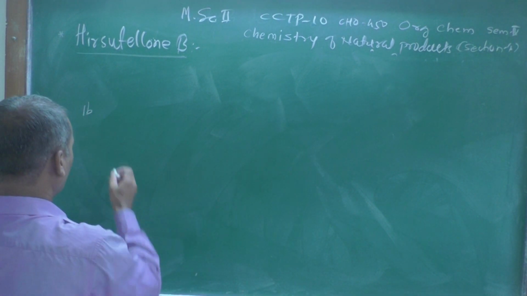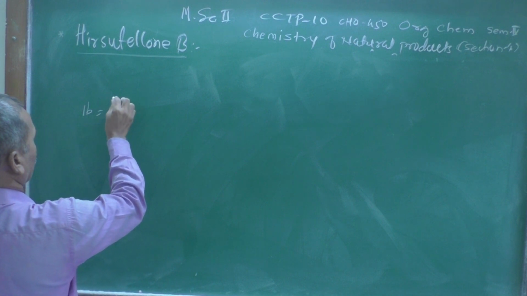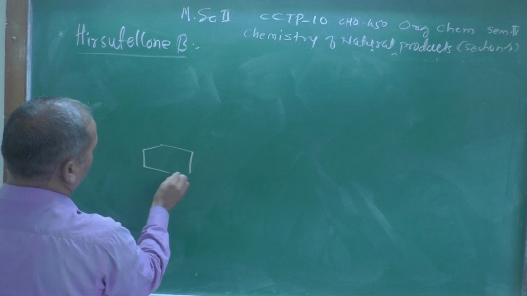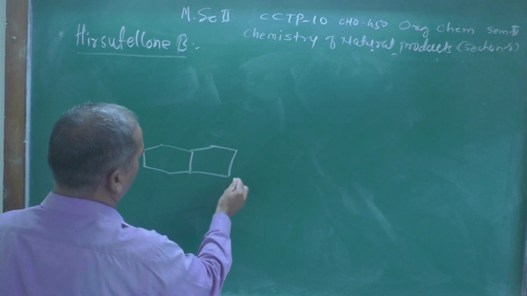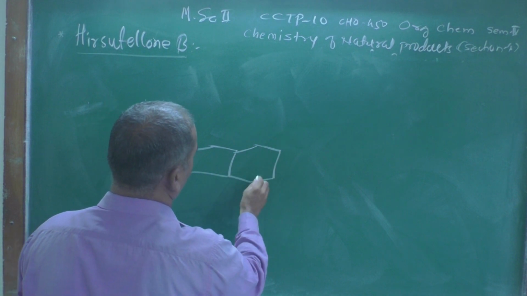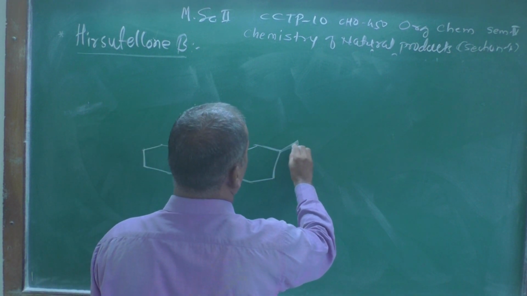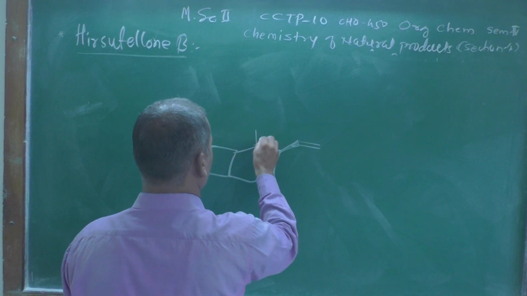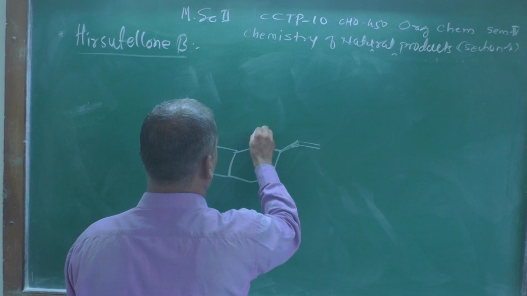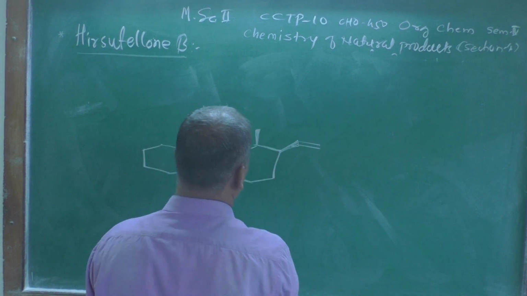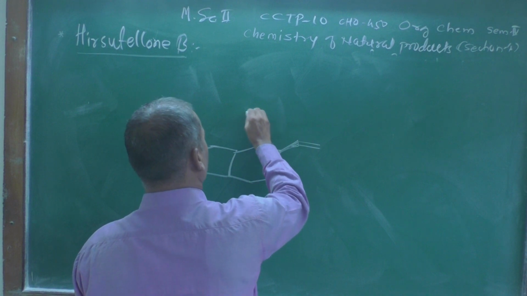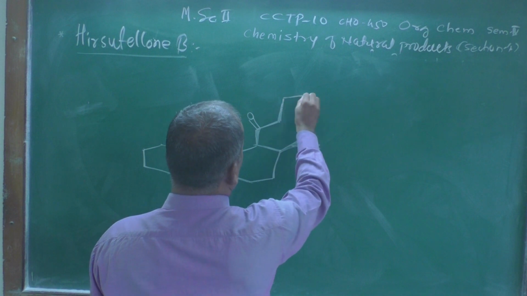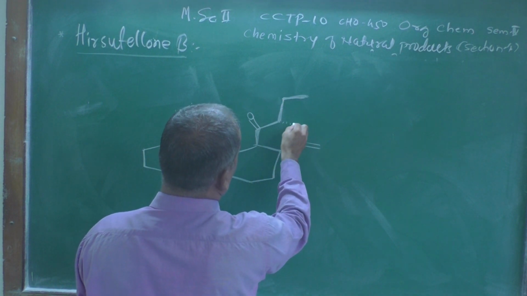Let me draw the structure of hirsutolone B. As we know, a 5-membered ring is joined together. Here is a double bond, and here also this bond. I am representing this molecule in three dimensions so that you can remember it.